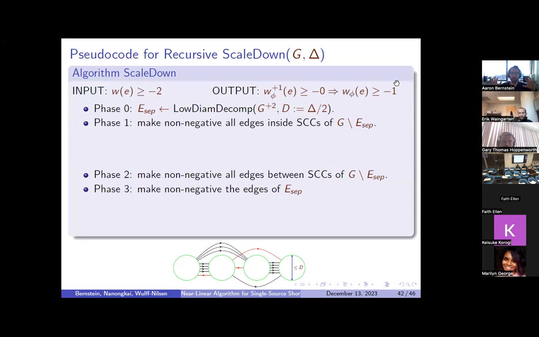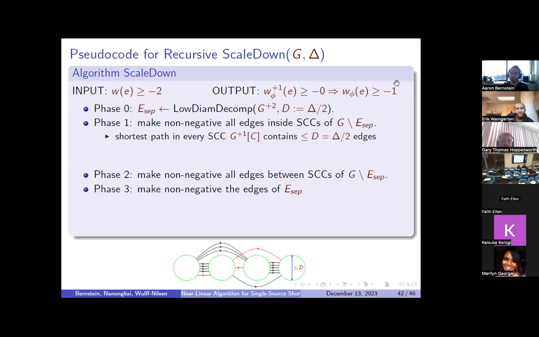So here's our algorithm now. So now we're going to, as I said, call it with d equals delta over 2. So if whatever delta was before, our new diameter is just delta divided by 2. And so this guarantees that inside of all of our components, every shortest path contains at most d edges. That was a strong claim from before.